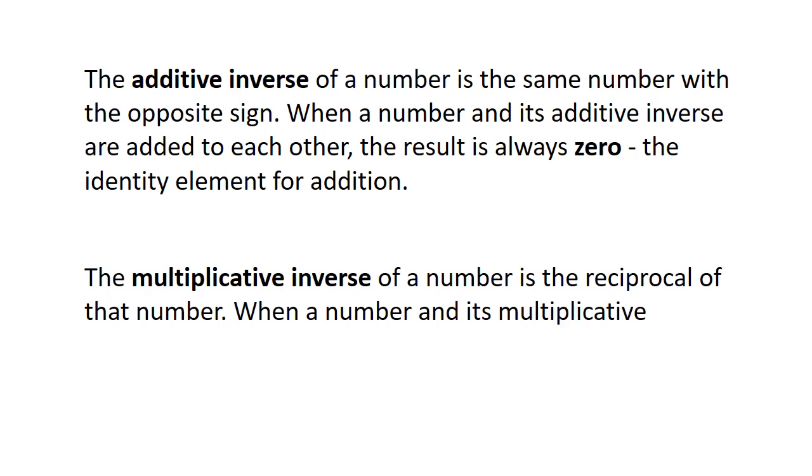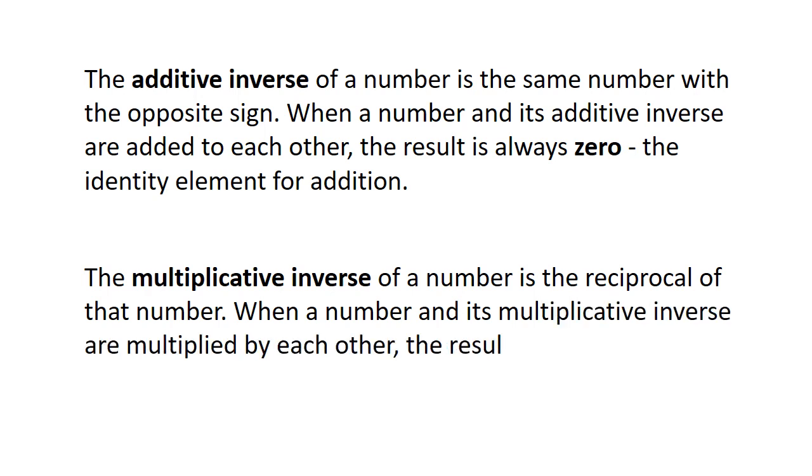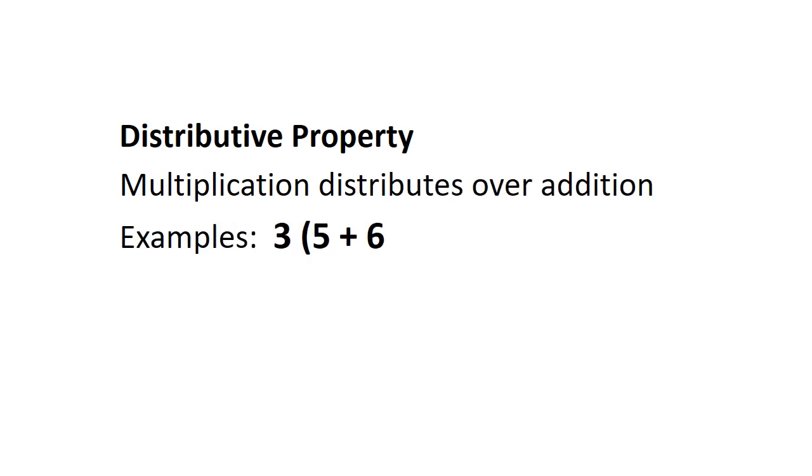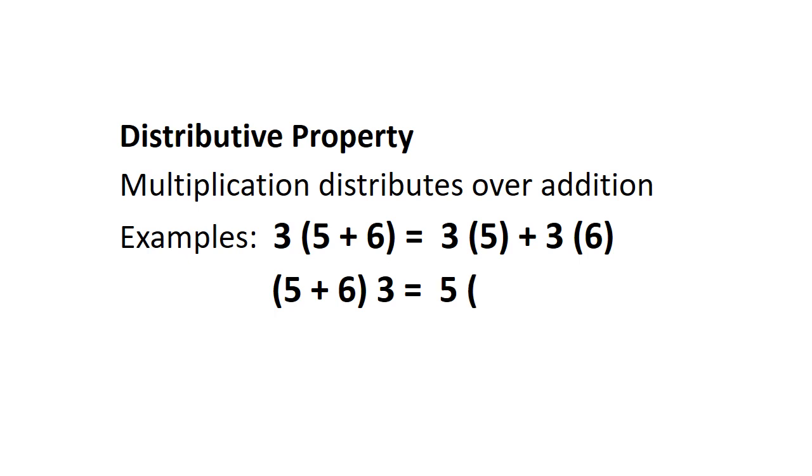When a number and its multiplicative inverse are multiplied by each other, the result is always 1, the identity element for multiplication. The distributive property of multiplication over addition can be used when we multiply a number by a sum.